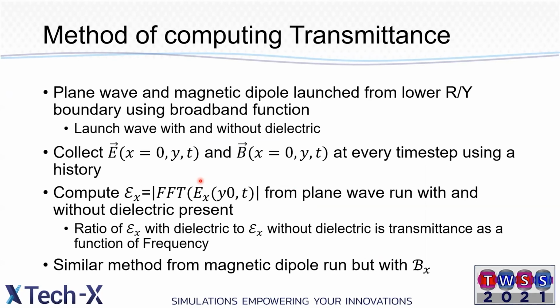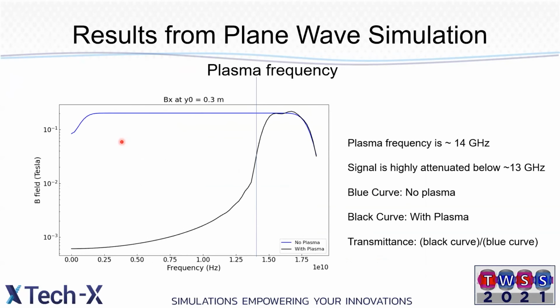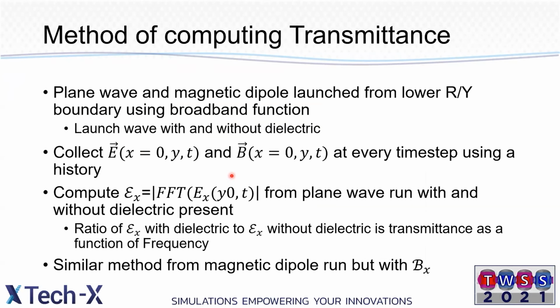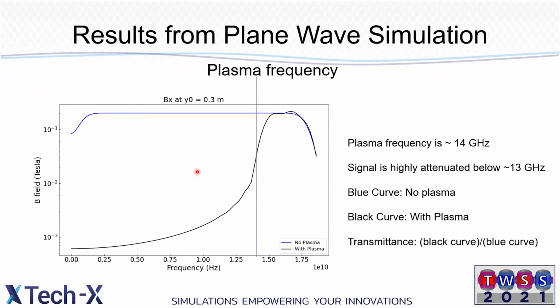After I collect the data, I take the Fourier transform of the time domain signal to get a frequency domain signal, and then I plotted the wave power, that is the amplitude of the Fourier transform at each frequency, with and without the dielectric. And this is what I get.